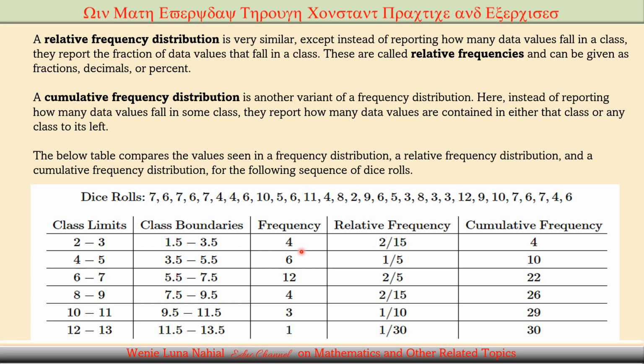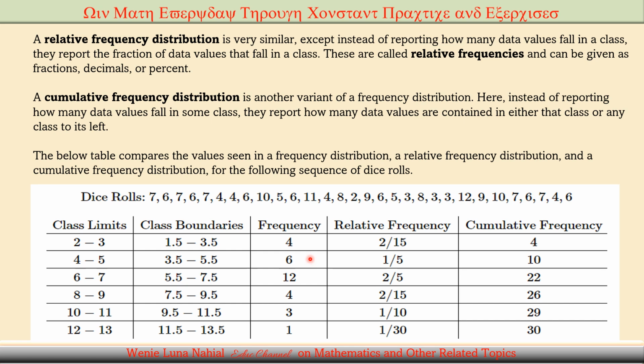That is because this frequency of 4 has a denominator of 30, because there were 30 observations in all. So 4 over 30 can be reduced to its simplest form. We have 2 over 15. Then 6 over 30.